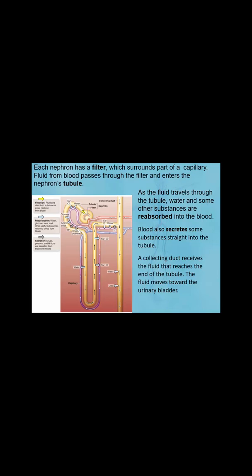Then it starts going down, and as it goes down the loop of Henle, on this side, water is pulled from the filtrate and reclaimed and goes back into our bloodstream. As we pull water out, the concentration of this filtrate increases. Now, as we climb, sodium and chloride ions are pulled out and put back in the bloodstream.